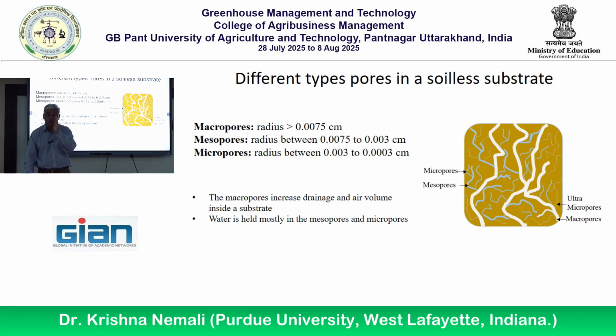So you need more macropores if you need more air space. What does perlite do? You add perlite, perlite creates more macropores. That's why in that table I showed you, the medium with perlite had 38% air space. That's because perlite adds more macropores.